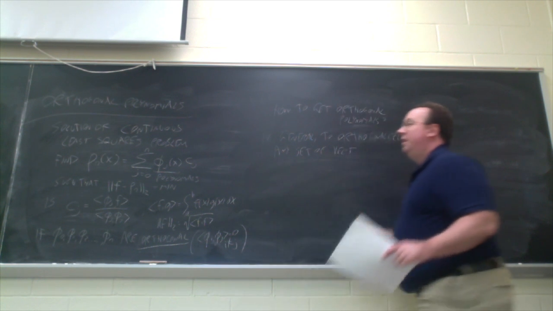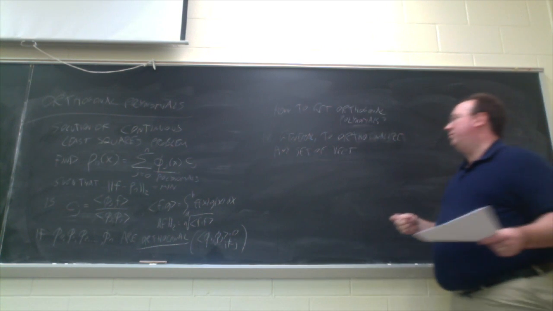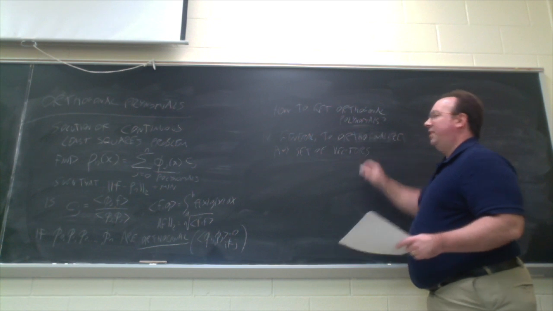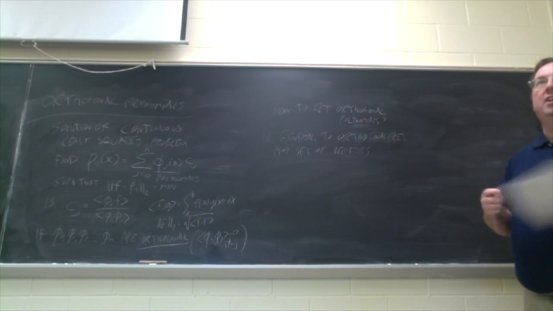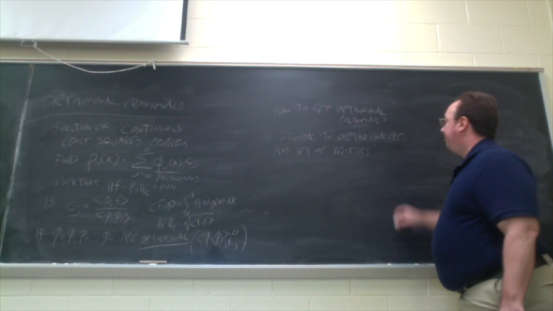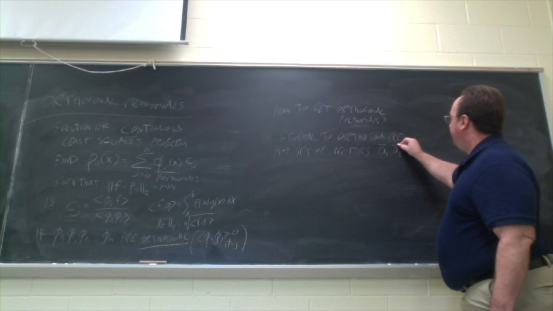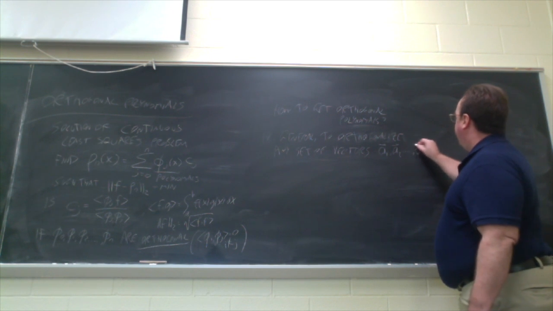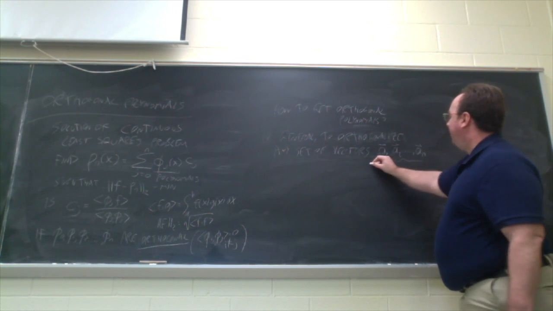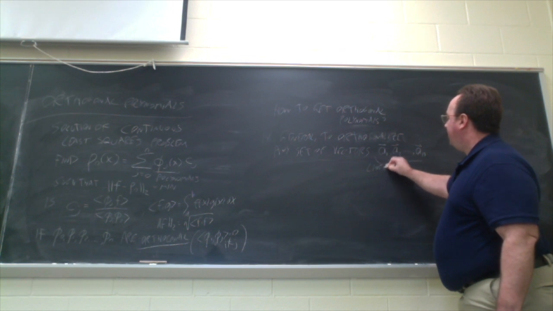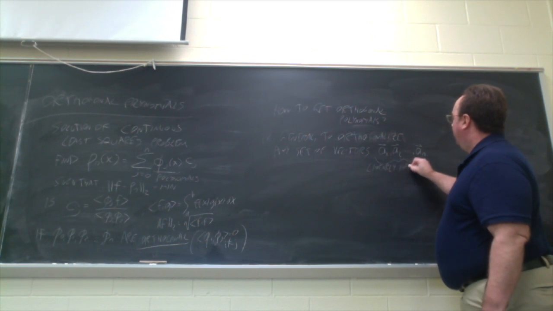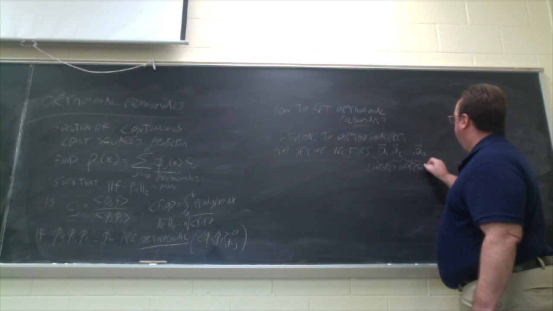So these could be any inner product space whatsoever. These vectors could be vectors in Rn, or it could be functions, doesn't matter. So these are your original vectors, A1, A2, up to An. And the only requirement on these vectors is that they be linearly independent.